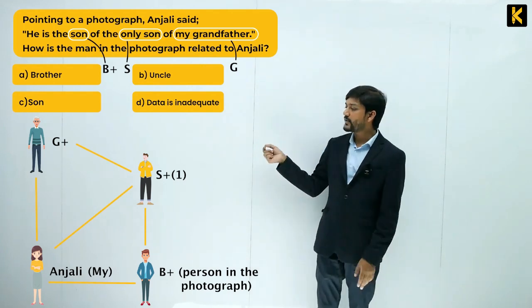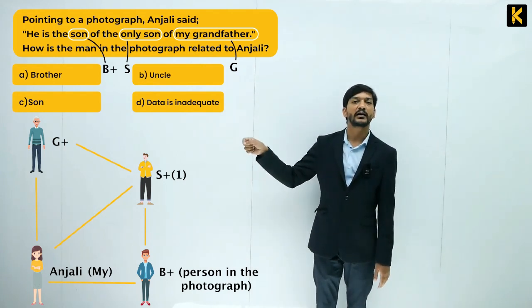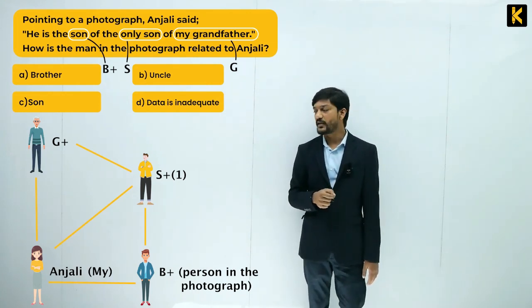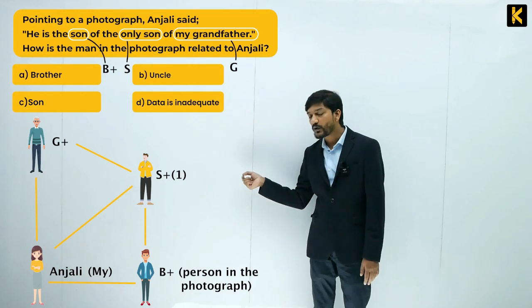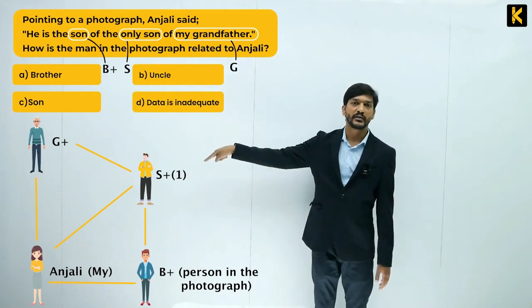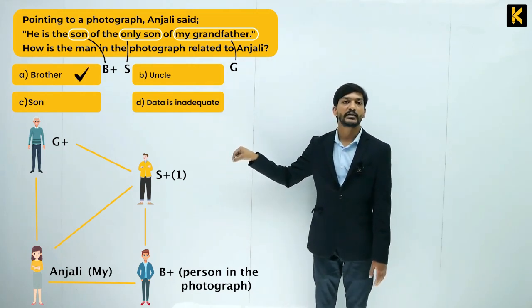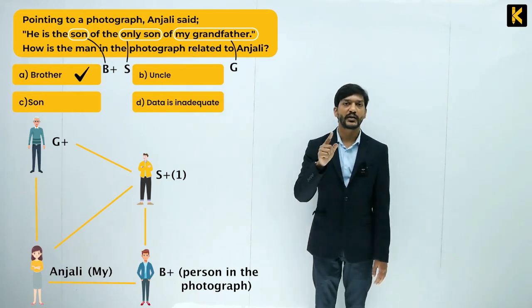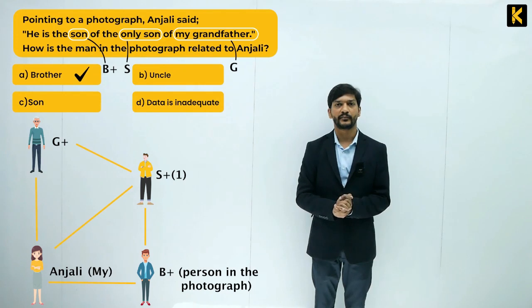So B is the brother of Anjali and Anjali is the sister of B. But they are asking, how is the man in the photograph related to Anjali? So the man in the photograph is the brother of Anjali. So brother is the right option.